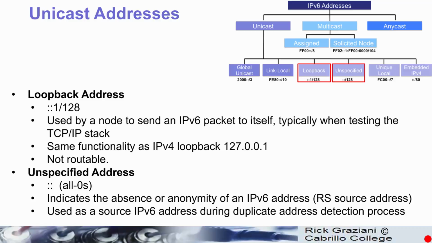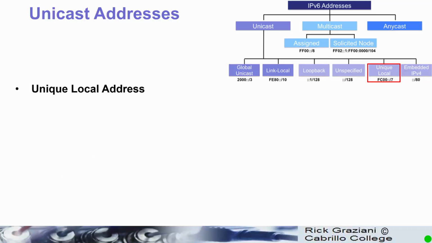It can also be used as a source address in a router solicitation message, but a router advertisement message should always have a legitimate address for a source address, not an unspecified one.